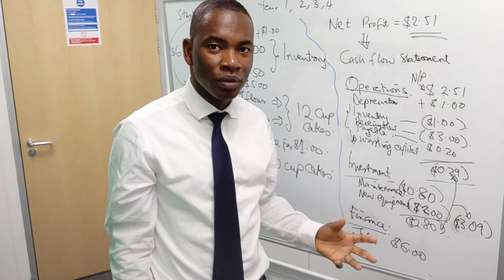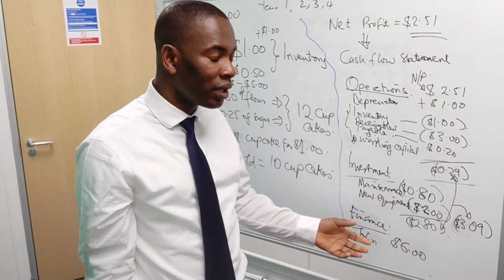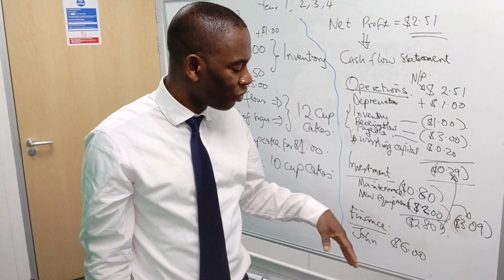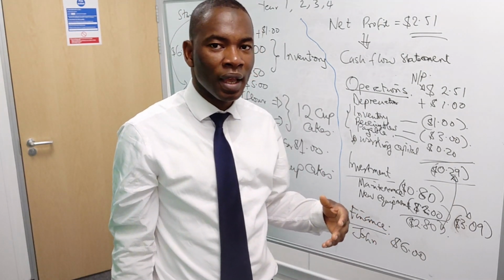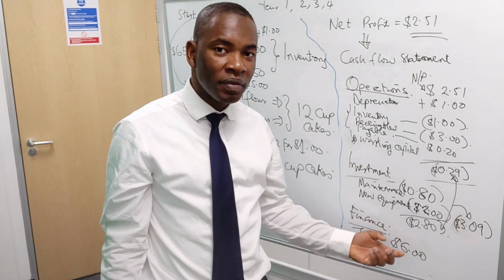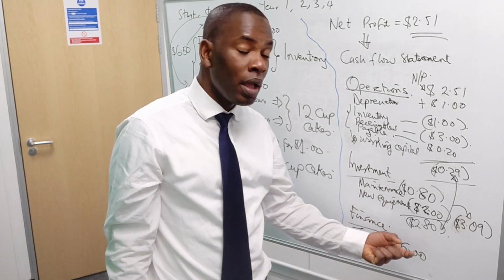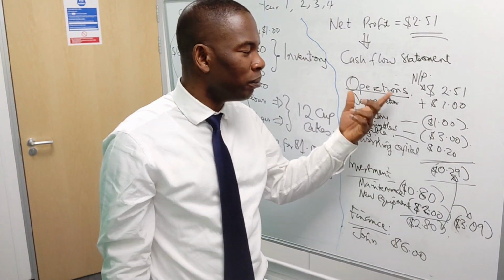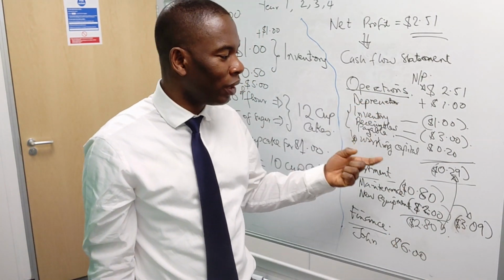So I told you at the beginning that when I'm looking at a company, I go right to the bottom and look at where they are getting their money from. If they are getting it from equity or from borrowings, then most likely their operations are not doing well.